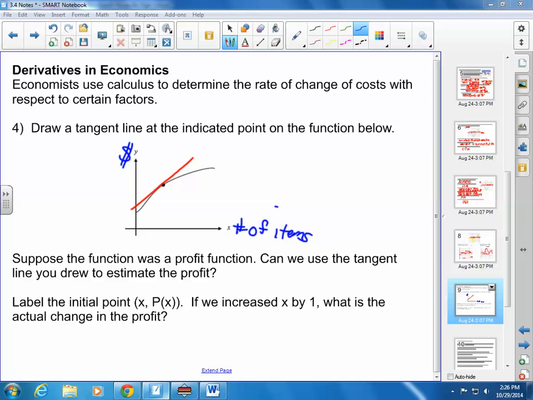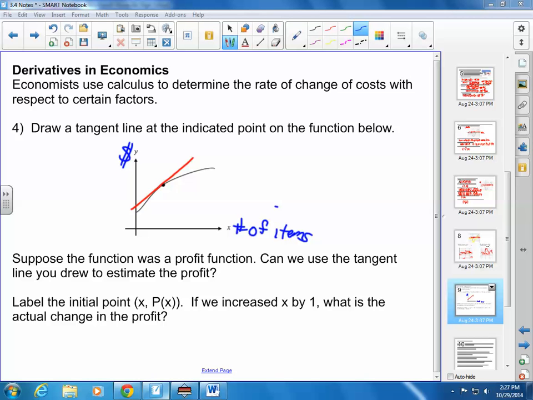So my profit is going to have to do with my amount of money per the change in the items. Does that make sense? Like, if you have a bake sale and it costs $5 for all the ingredients and you buy so much, where's your profit going to be? Well, it's going to have to do with how many items are bought.